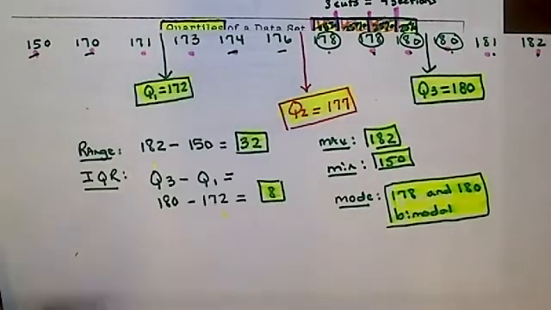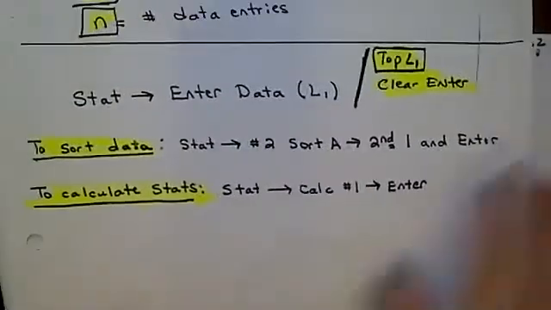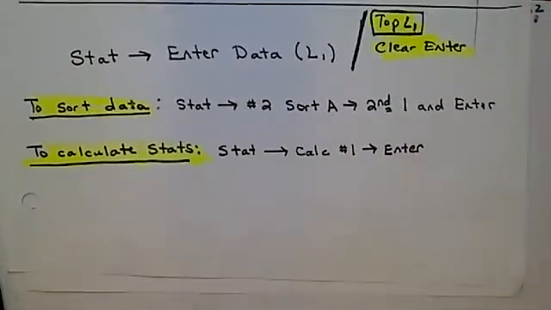Okay, so I'm going to go over a few calculator steps before we go to the next question. And this might be something you want to write on your paper. We're going to type in this data as it is in the calculator, and the calculator will help sort the data.